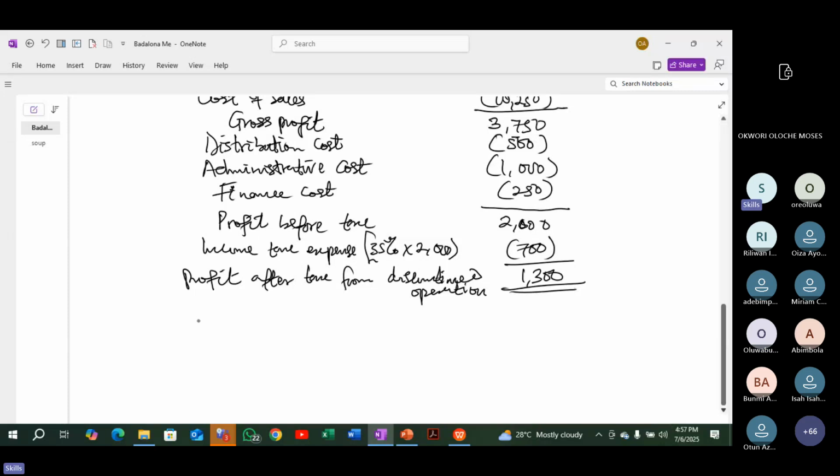Let's say gain on disposal, if you have, let's say, 2,000. All you have to do is bring it as total.